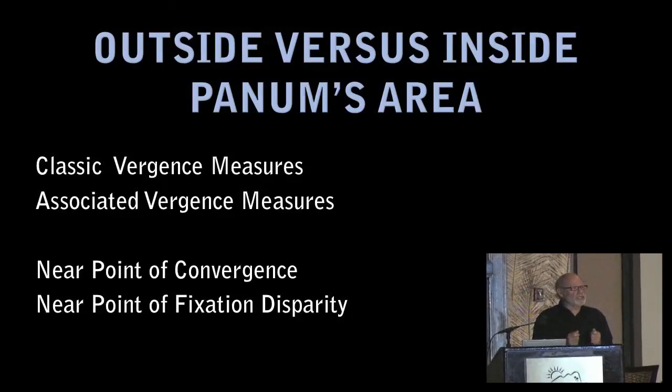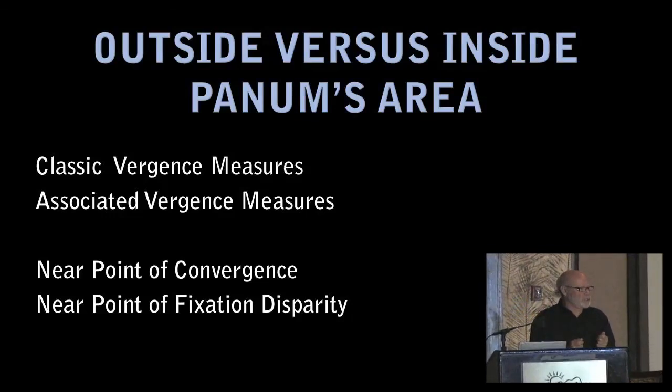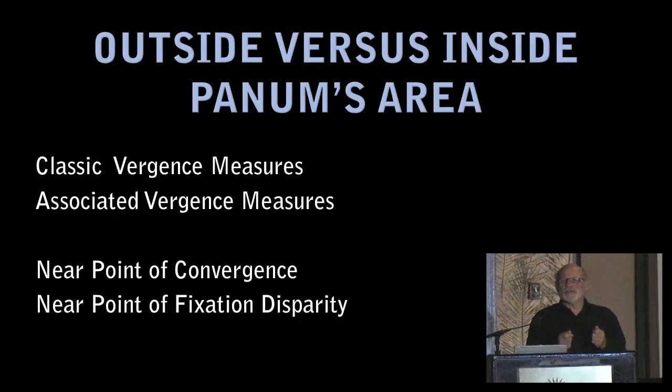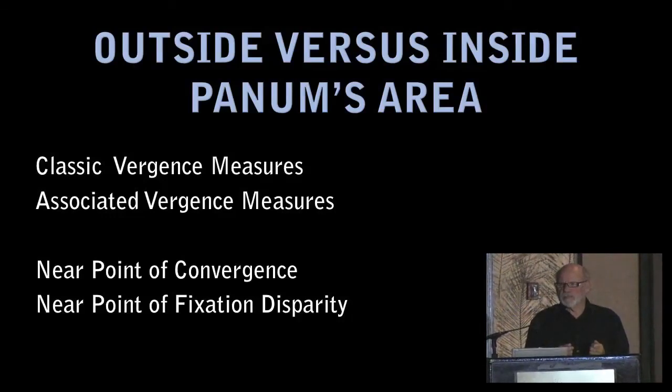But when you measure associated vergence measures, you're measuring inside Panum's area. You are still single. You are not double. But you develop a fixation disparity, an offset. So perhaps I can just briefly explain how I would do this and explain this to a 5-year-old.